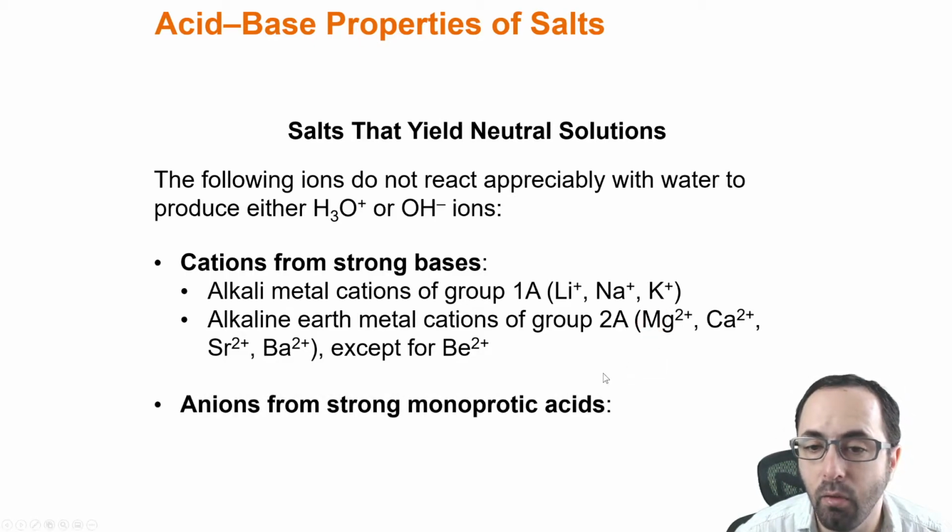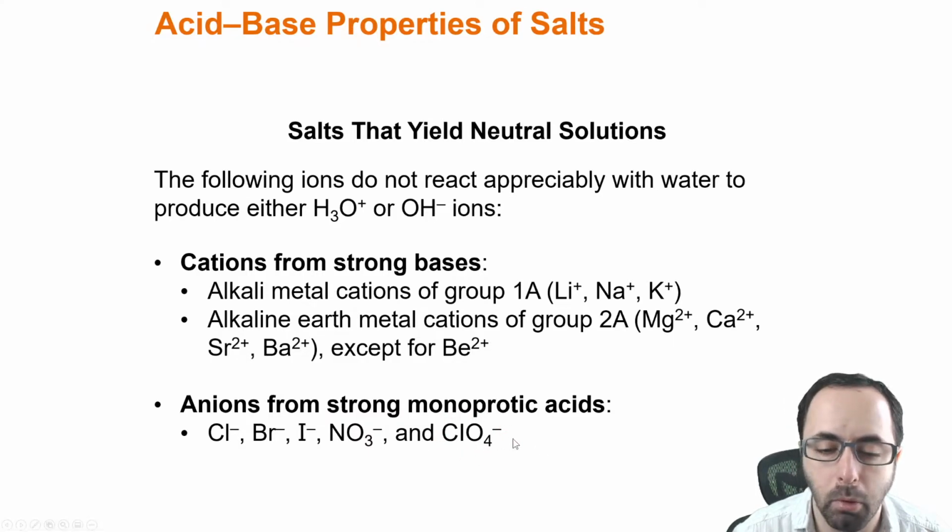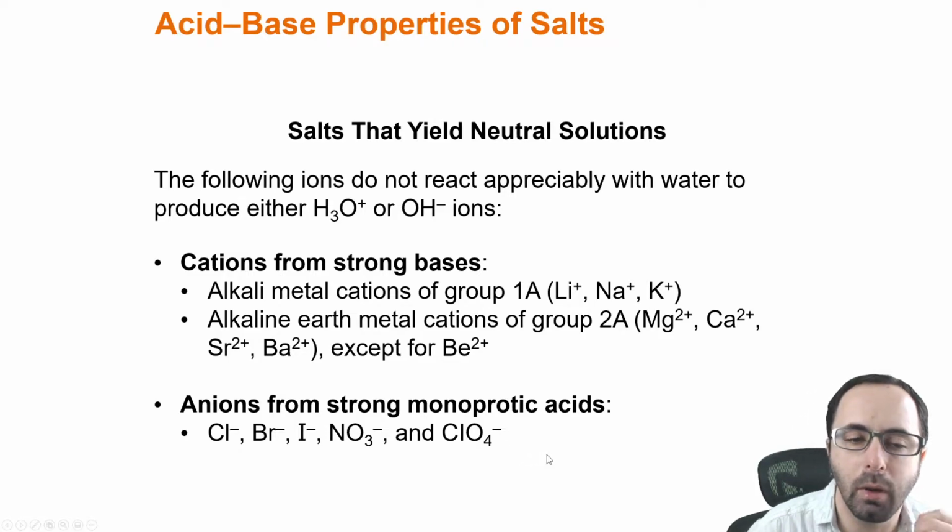And then for salts that yield neutral solutions, neutral anions are those from strong monoprotic acids such as hydrochloric acid, which has chloride ion, hydrobromic acid, which has bromide ion, iodide ion, nitrate ion, or perchlorate ion rather, sorry. And so this goes back to what I was telling you about the salts that are neutral.